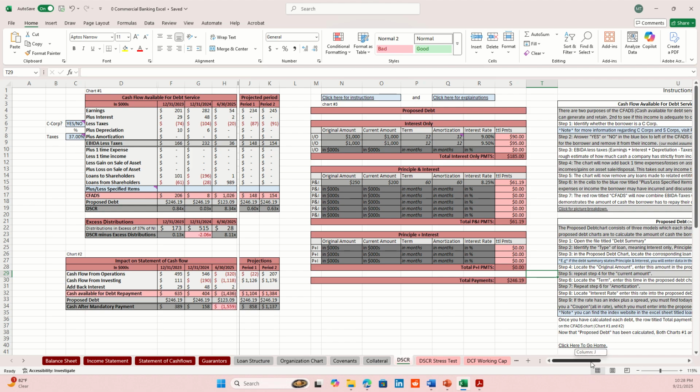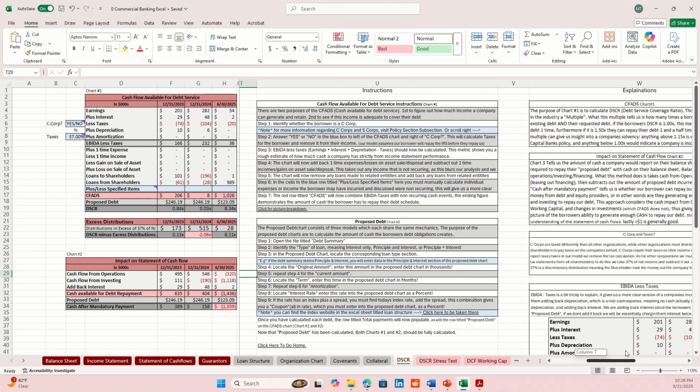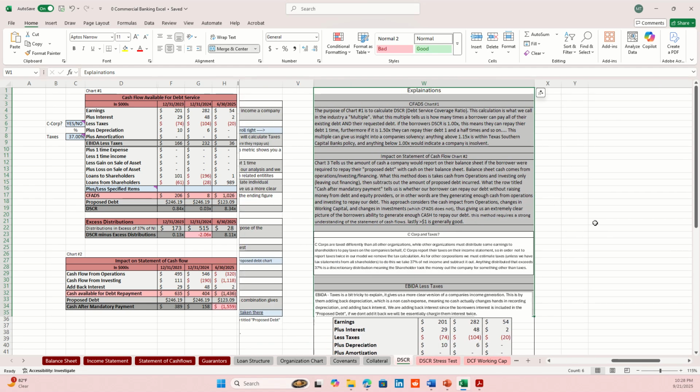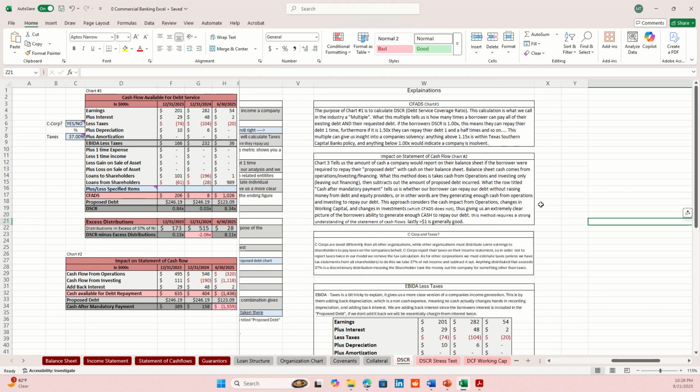And also, I want y'all to know, if you need help, you get lost, come over here. There's instructions on the cash flow available for debt service. And then there's instructions for the proposed debt section. And then there's explanations over here. So I know some of you guys are going to be confused when it comes to, hey, Makai, what do we do with taxes? Well, there's something over here that explains how taxes work for C Corps.